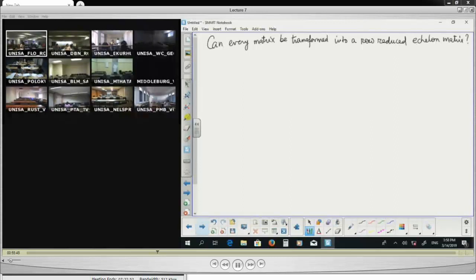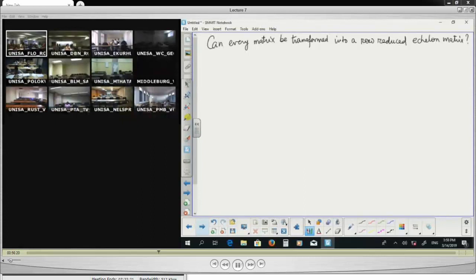Yes, but what do you mean by a solution of a matrix? When I have linear systems of equations, I will come back there.